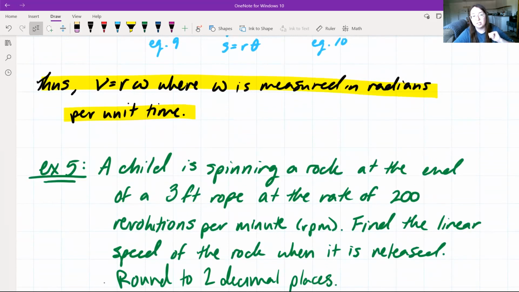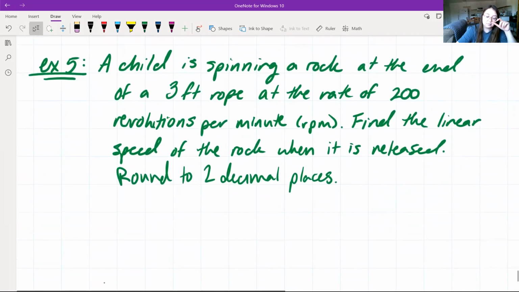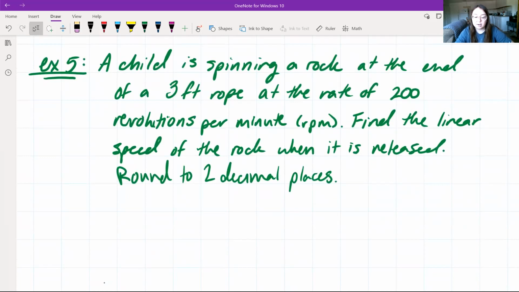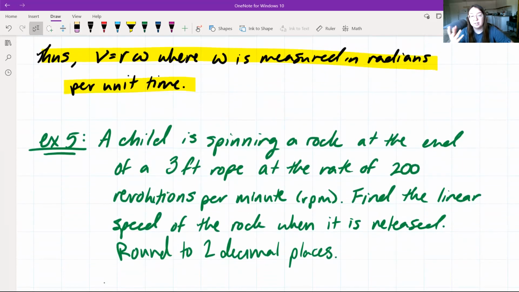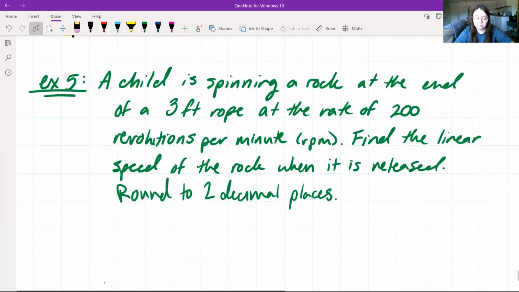But we're given revolutions. Well, if we remember, 2 pi radians is 1 revolution. So we need to change revolutions per minute into radians per minute instead. And we're going to use our equation for linear speed because we're finding linear speed in the end.